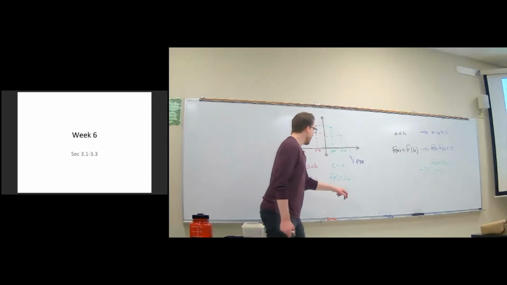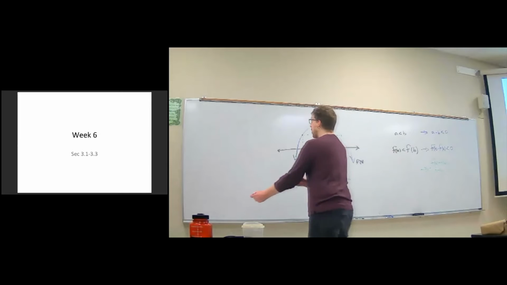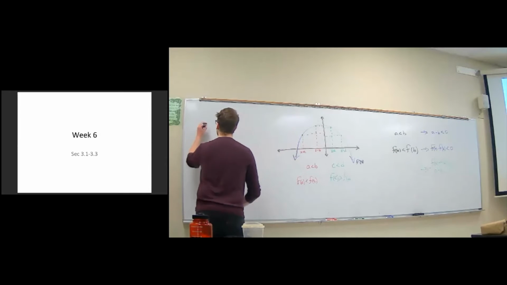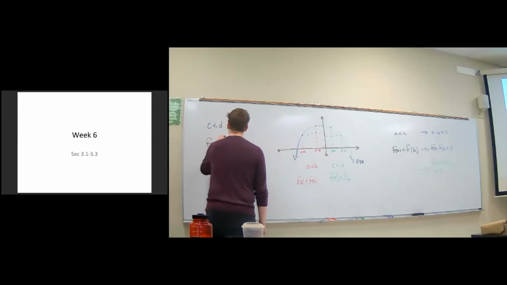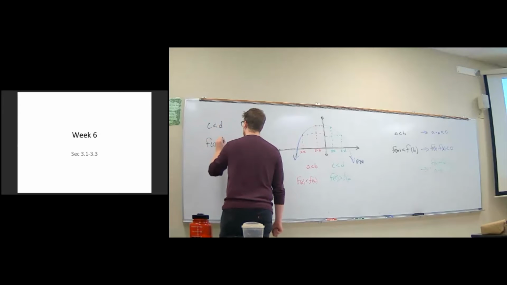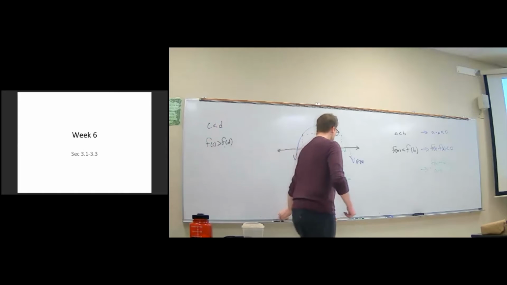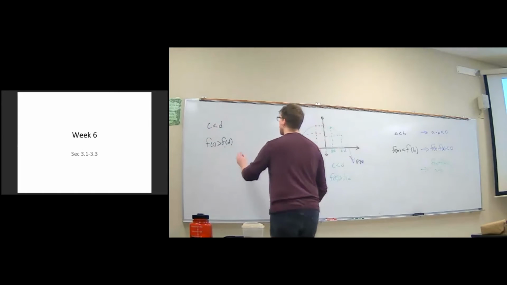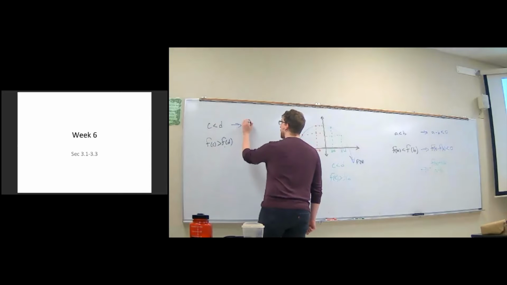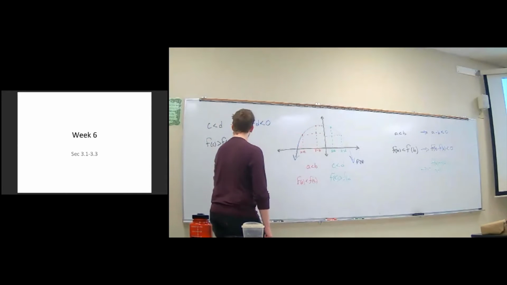Alternatively, for c less than b, and f of c greater than f of d, well, this tells us that c minus d is less than 0, so it's negative.